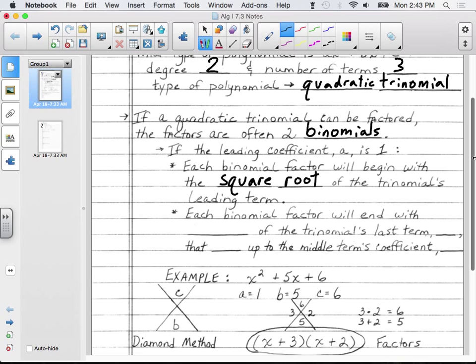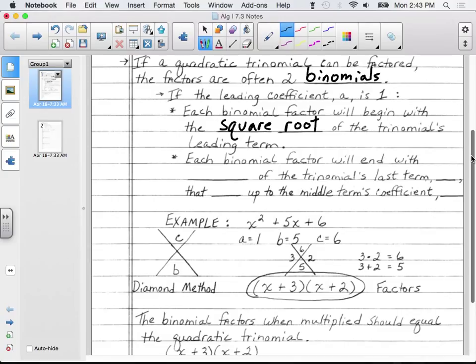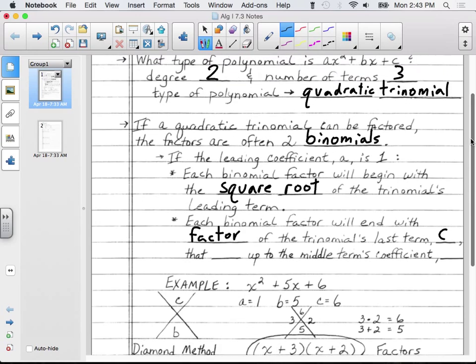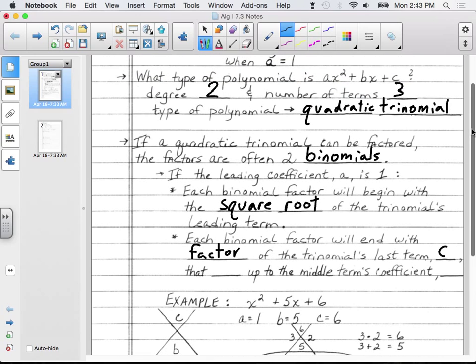The next part: each binomial factor will end with factors of the trinomial's last term, which in this case is c. It's confusing now, but it'll get a lot easier.